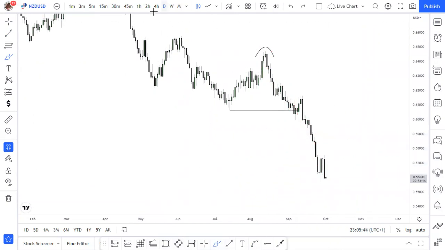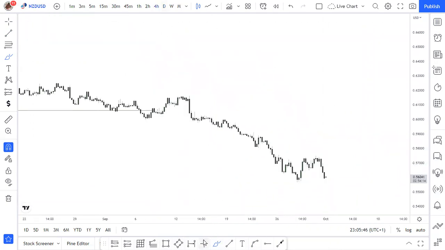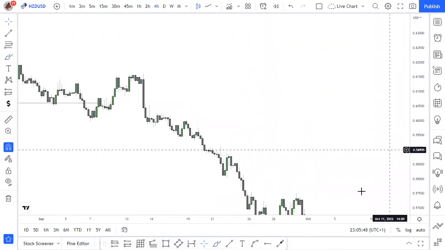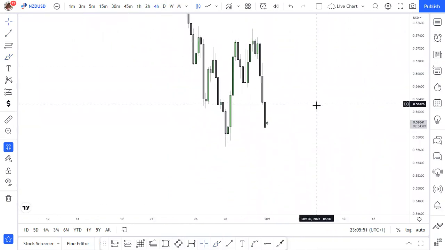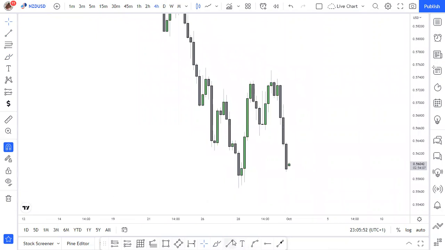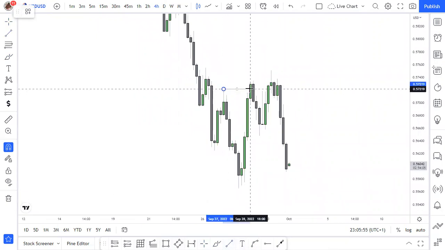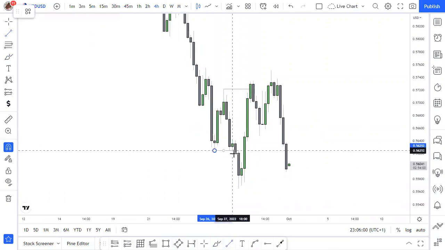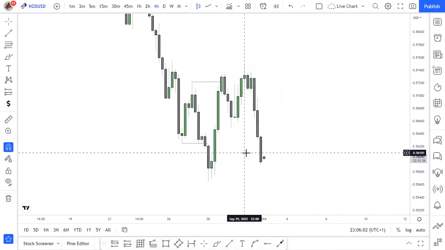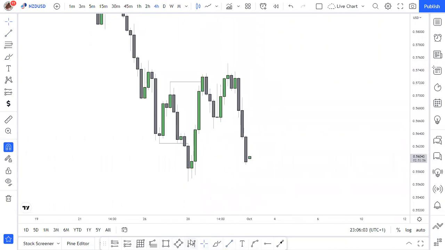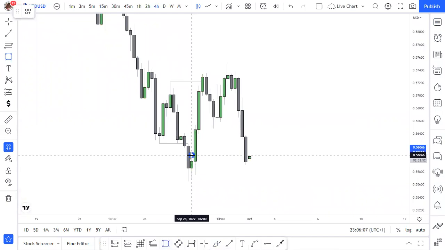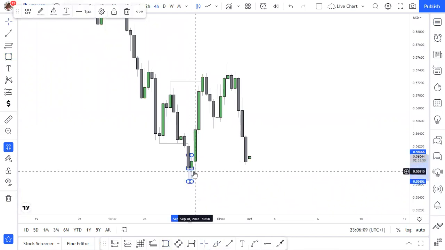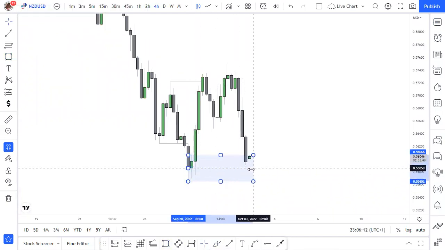So going over to the 4 hour, we had that break of structure here on the 4 hour, and it's as if we are working within this range here. Say this demand zone here engulfs this inside bar candle.